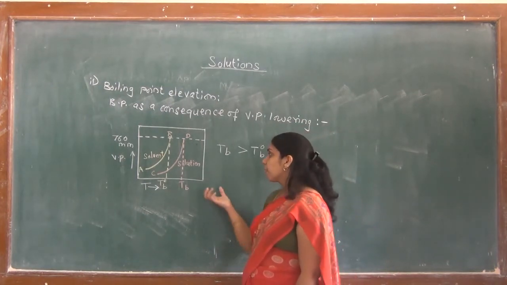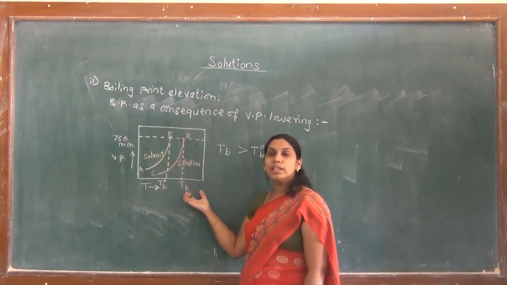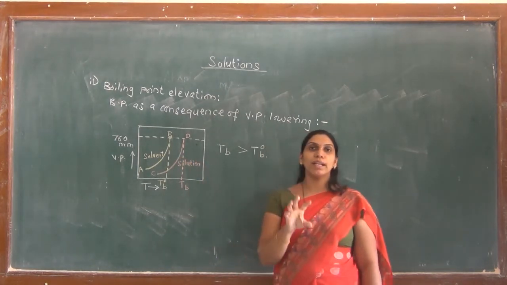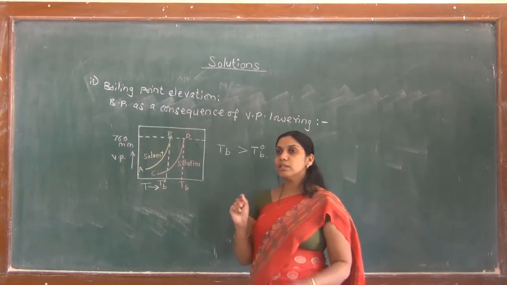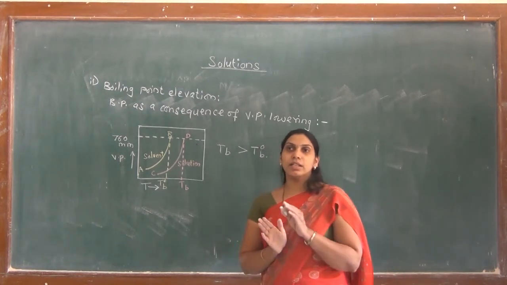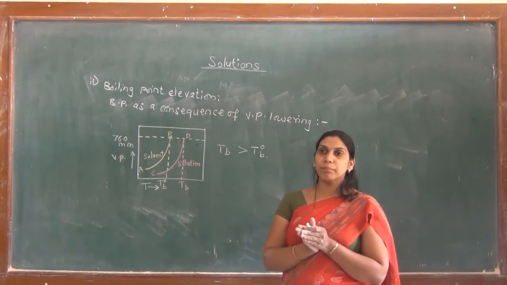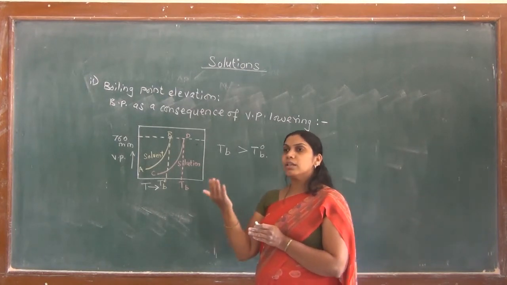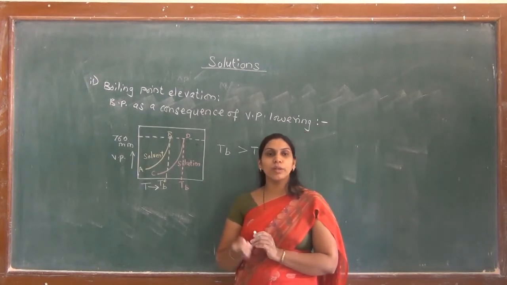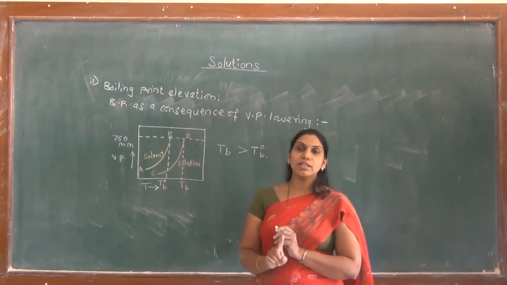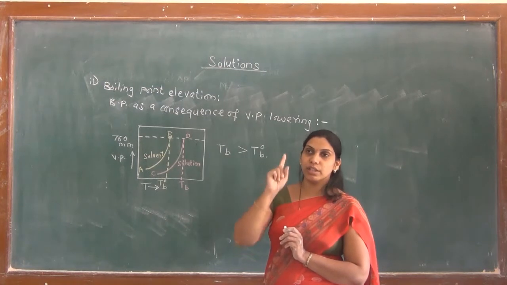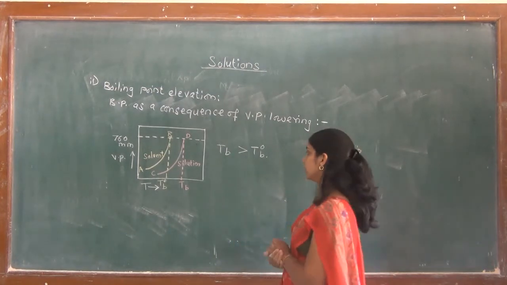Now we will see how the boiling point is actually elevated. Consider that the boiling point is the temperature at which the vapor pressure of the liquid must be equal to the atmospheric pressure, and consider that the atmospheric pressure is 1 atmosphere.